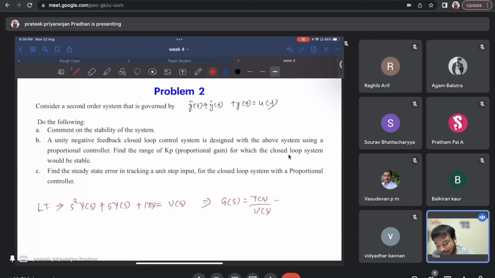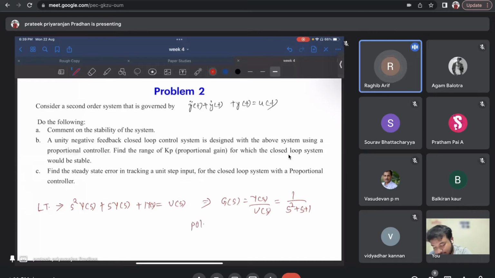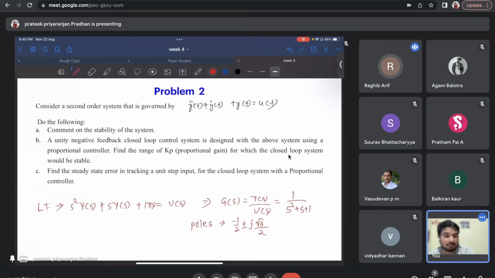And how did you know? Very good. Root 3 j by 2, not 3 by. Okay, cool. So you can calculate, and as you can see, it's the pole locations.